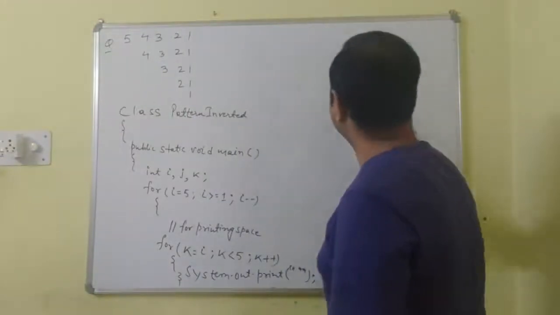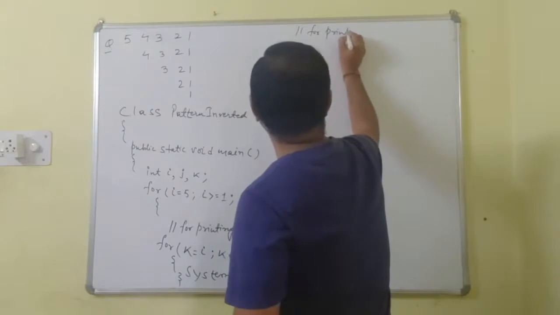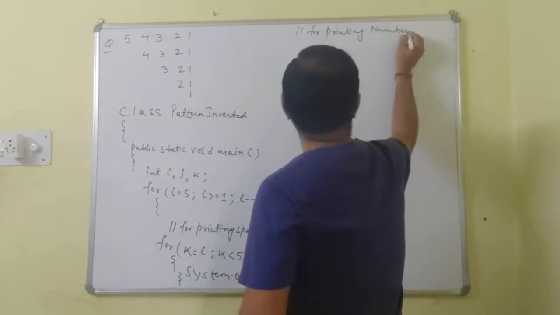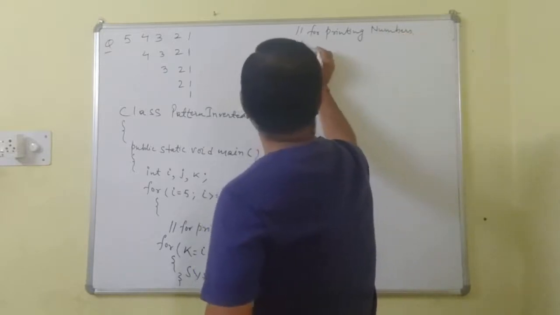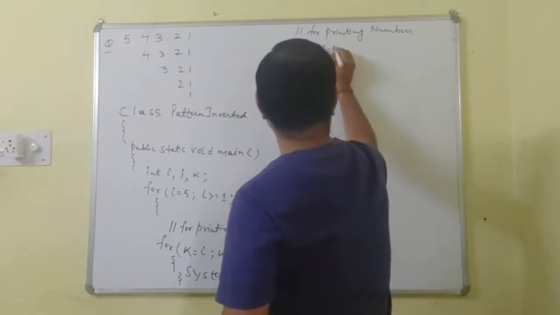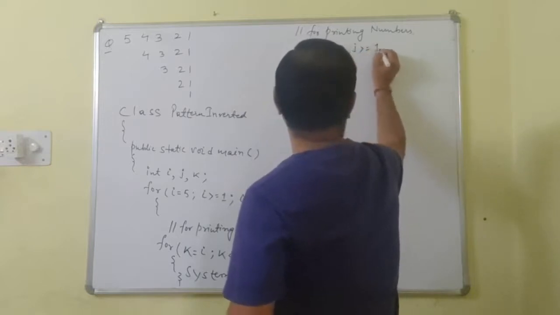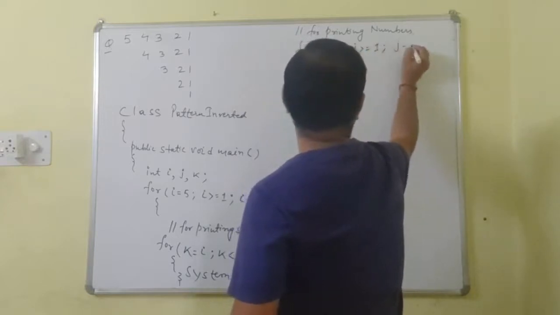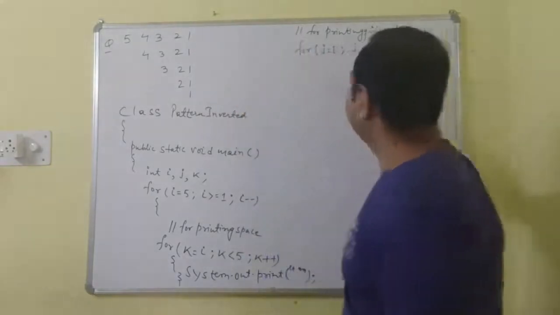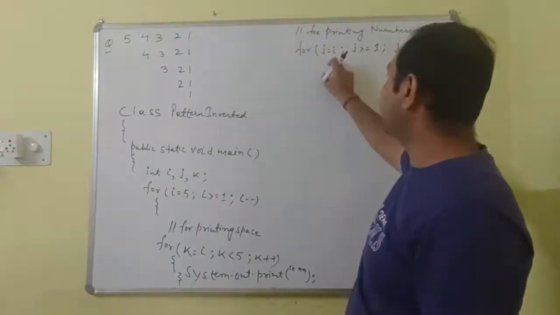Now we will run the loop for printing numbers. So for j equals to i, j greater than equals to 1, j minus minus. As you can see, the last element of each row is 1. So I have written here j equals to i because the initial value of i is 5. So it starts from 5 and goes till 1.